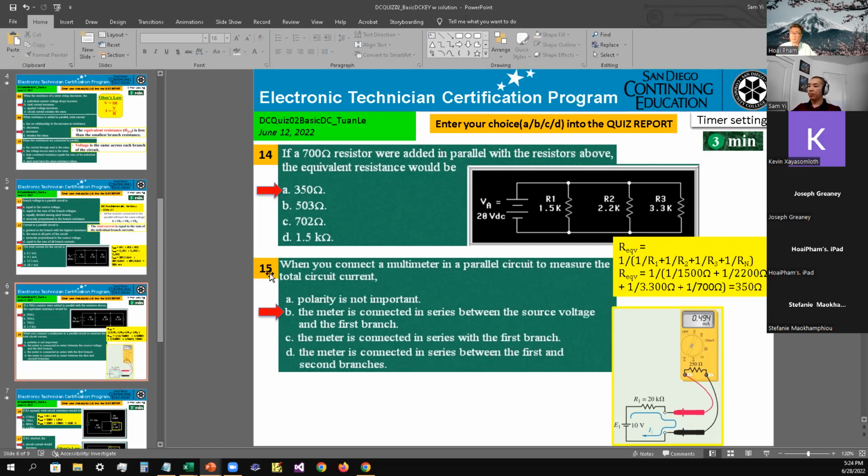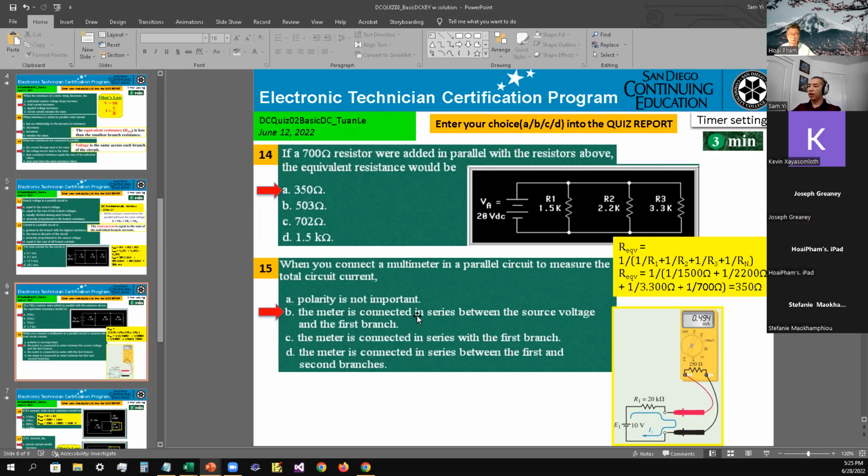Number 15, when you connect a multimeter in a parallel circuit to measure the total circuit current, the meter is connected in series between the source voltage and the first branch. Similar to this one, but we open up the circuit and put the meter close to the voltage source, which would be right here. So the answer is B as in Bob for number 15.